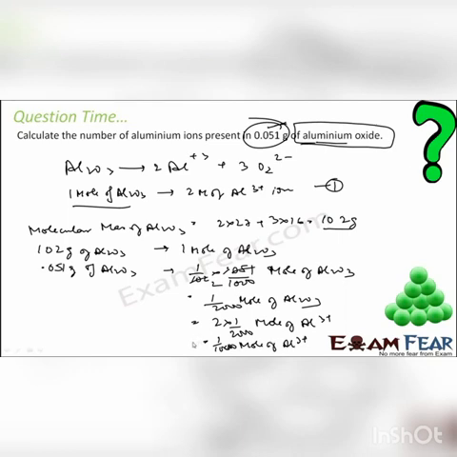So 1 mole of Al3+ ion is nothing but 6.023 into 10 to the power 23 ions. So these many moles of Al3+ will be this many moles into a magical number. So you solve it here, it is equal to magical number 6.023 into 10 to the power 23 ions. And that is nothing but 6.023 into 10 to the power 20 ions.